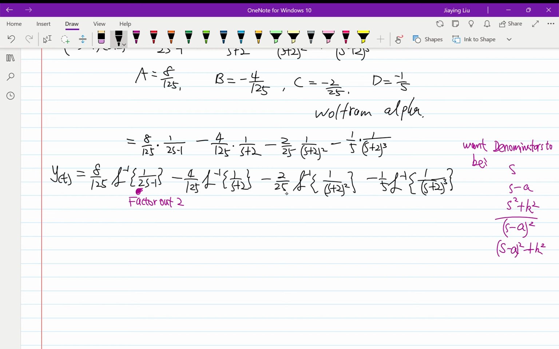So this becomes, if we just factor out a 2, so we get inverse Laplace of 1 over 2 times s minus 1 half. And that 1 over 2, we can actually put outside of the inverse. So that becomes 1 half inverse Laplace transform of 1 over s minus 1 half.